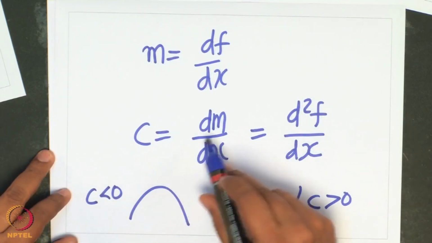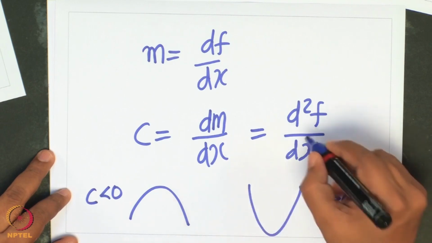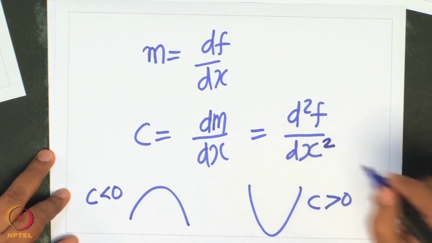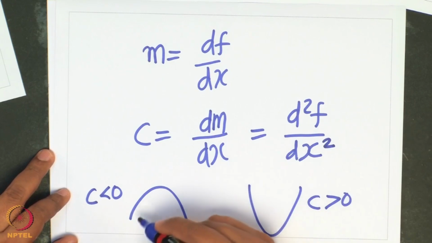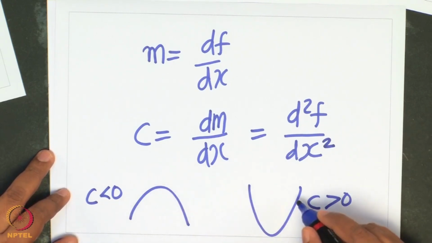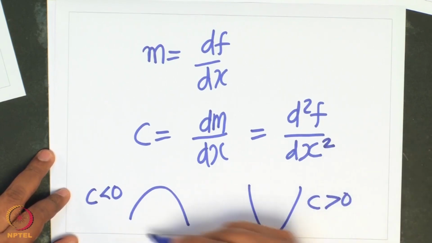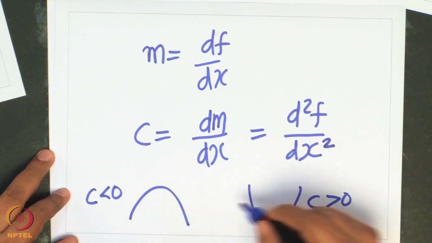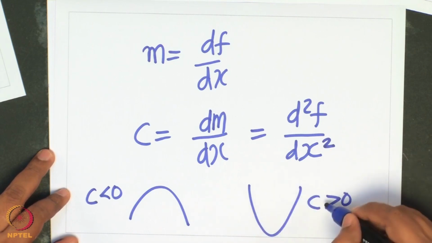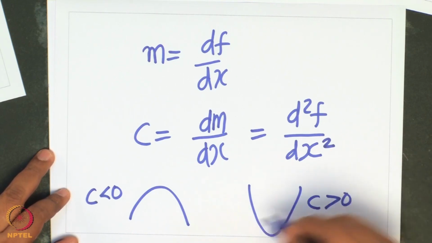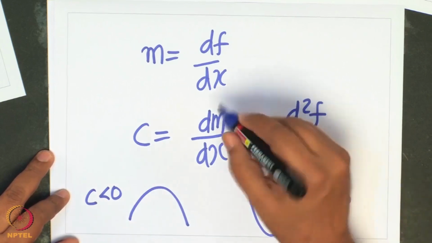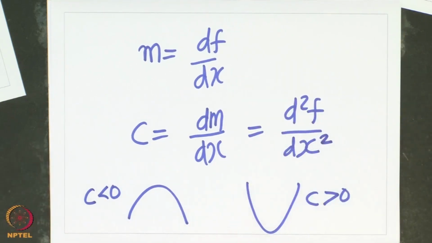So c is dm by dx, which is d square f by dx square. So when you have two kinds of curves, c is less than 0 and c is greater than 0. You have a curve which is upside down like this, and U-like. U-like will have curvature greater than 0, positive curvature, and the other has negative curvature. So this is the summary of what we learned so far. With this, we will stop today's lecture and continue to learn in the coming lectures.